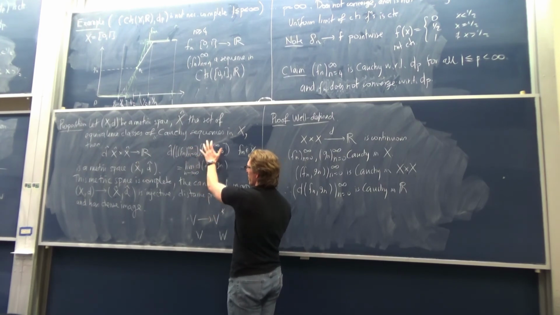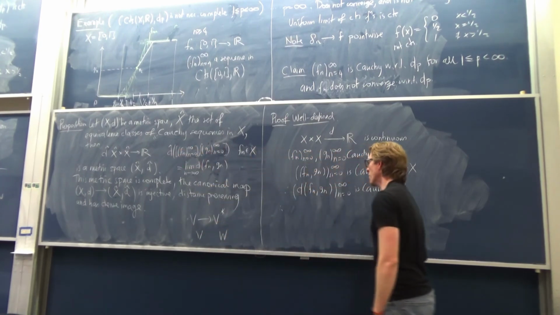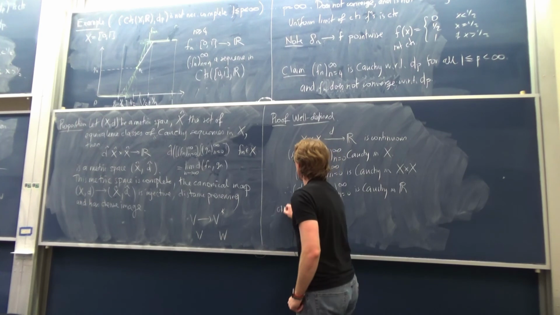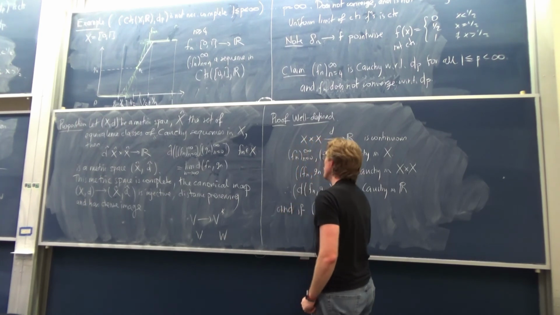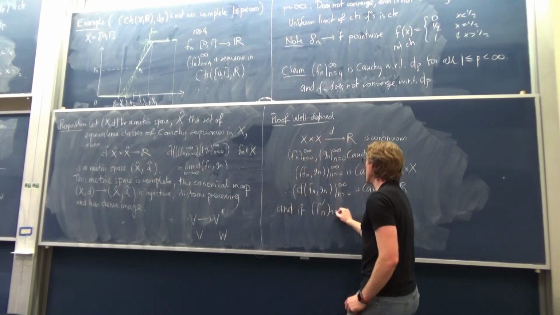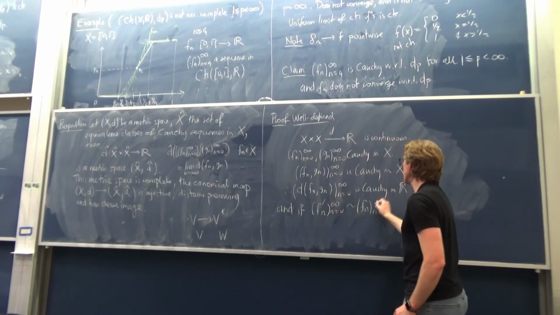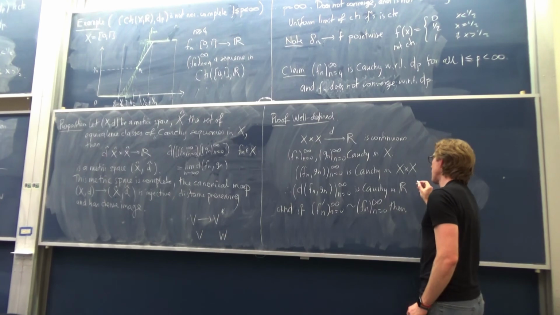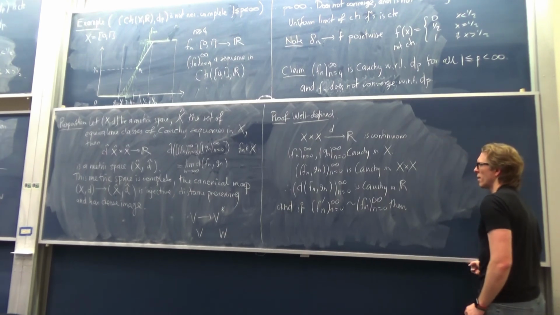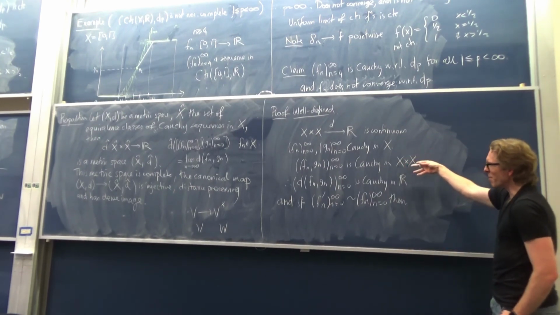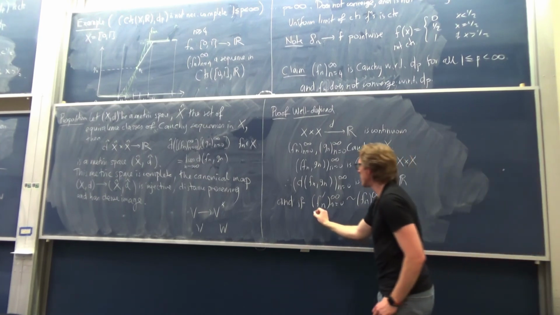So I only need to check it fixing a representative there and taking two different representatives in the first variable. Suppose I had another Cauchy sequence representing the first equivalence class. Well, we can just play the same game.